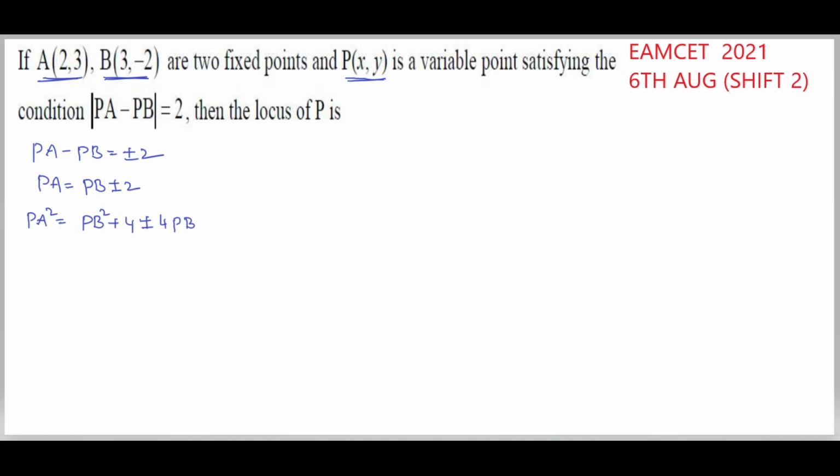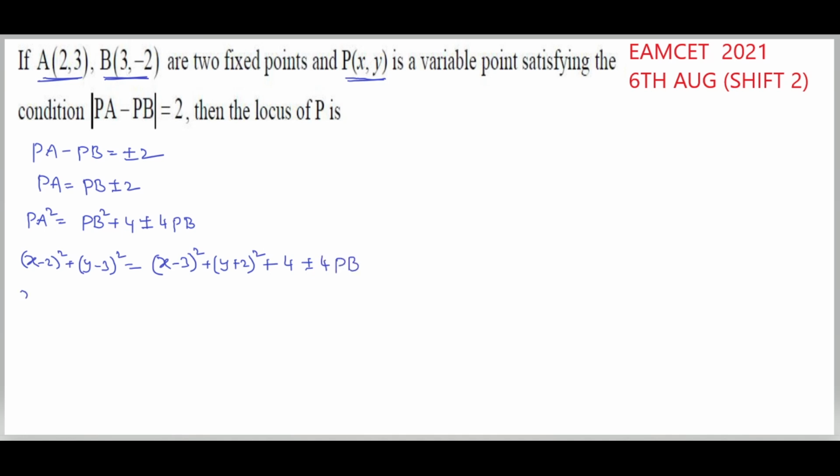PA square, we know that is (x minus 2) whole square plus (y minus 3) whole square. That is equal to PB square, this is (x minus 3) whole square plus (y plus 2) whole square plus 4 plus or minus 4 PB.